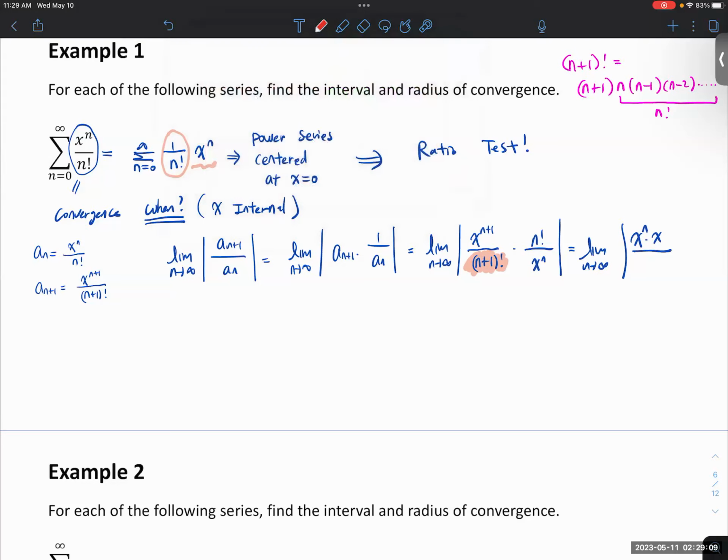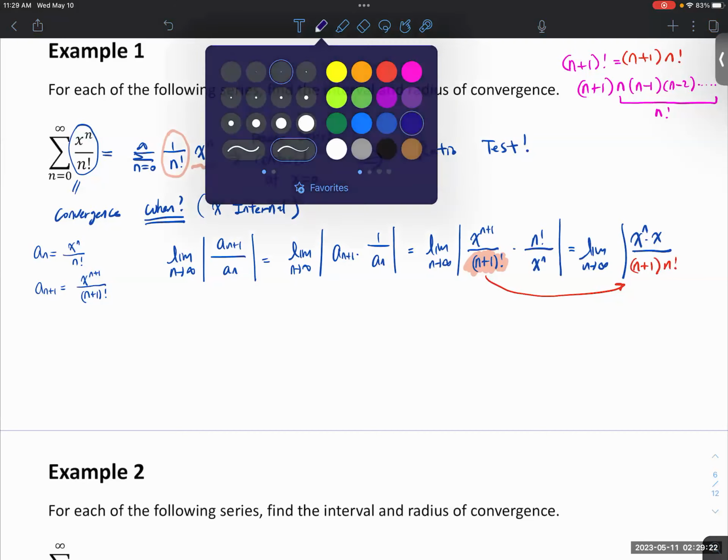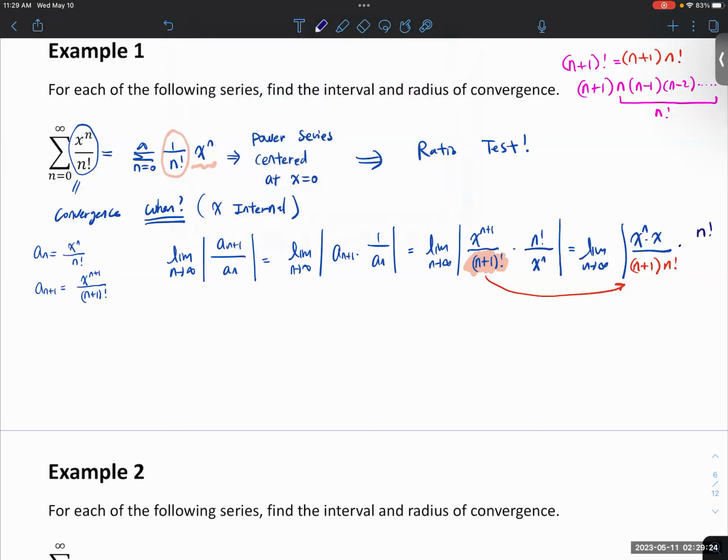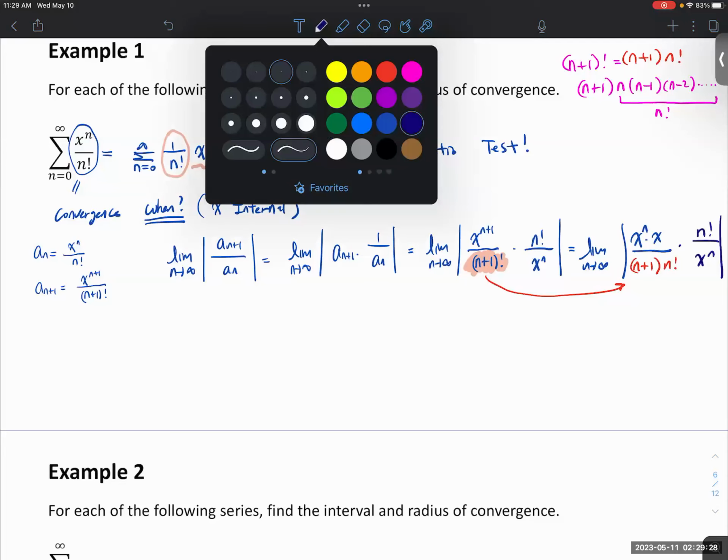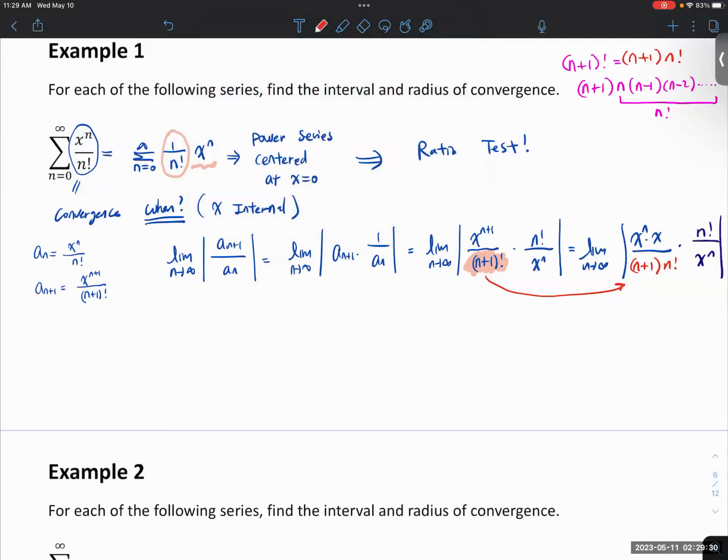Therefore, n plus 1 factorial is the same as n plus 1 times n factorial. Then times n factorial over x to the n. All the cancellation: n factorial, x to the n, bye-bye.